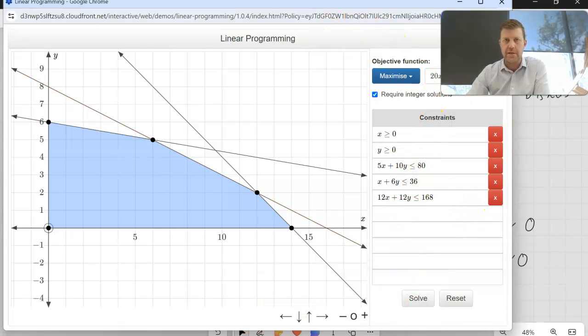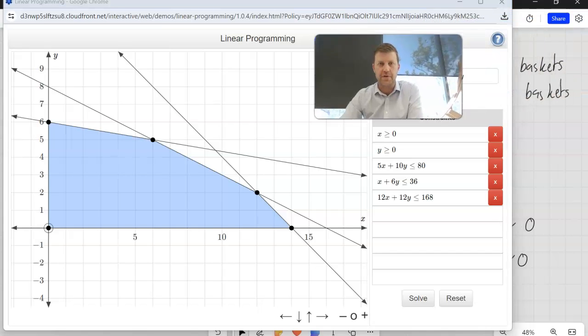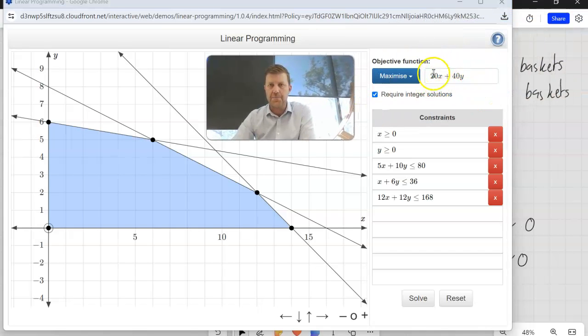You can see here, if I just move myself over here, the objective function, 20x plus 40y, $20 for the small baskets plus $40 for the large baskets, and we're trying to maximize the objective function. I have then put those 5 constraints in as we've just come up with them.